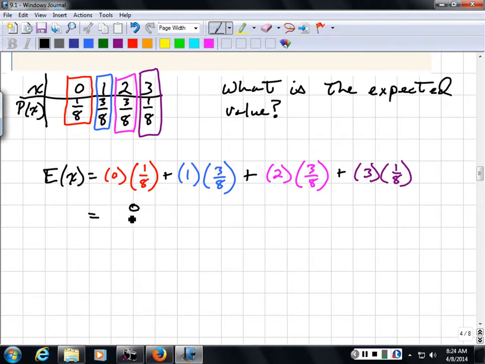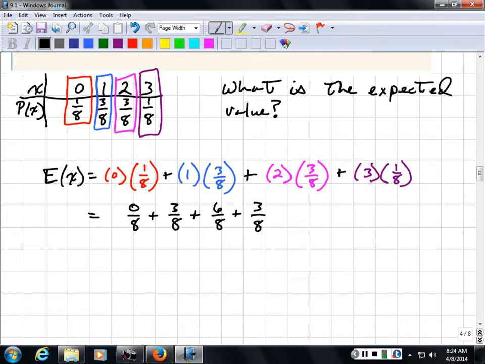I'm going to have 0 over 8 plus 3 over 8 plus 6 over 8 plus 3 over 8. I don't recommend reducing any of the fractions until you get your final sum, because this one right here will reduce down to 3/4, but then I've got to go ahead and find the common denominator again.